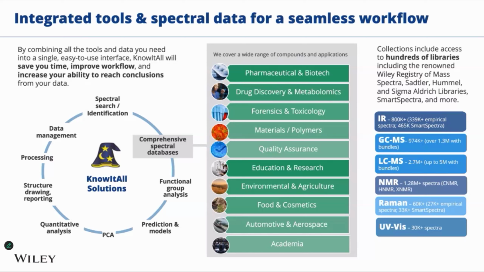The important one is the comprehensive spectral databases used by KnowItAll. They can be applied to different fields, and you can separate them by techniques, as shown here on the very right.